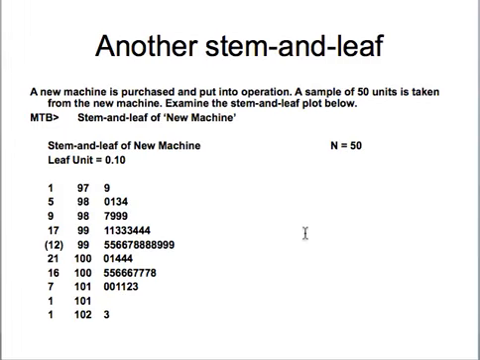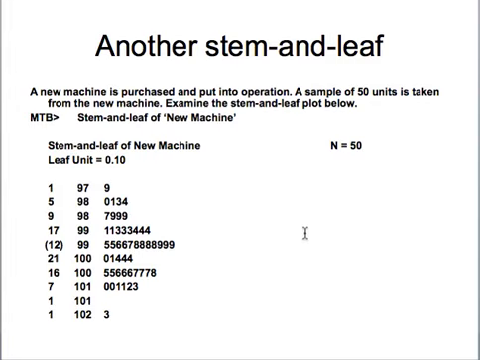The question says a new machine is purchased and put into operation. A sample of 50 units is taken from the new machine, and Minitab was used to generate the data. So we have a Minitab prompter, stem and leaf of new machine.